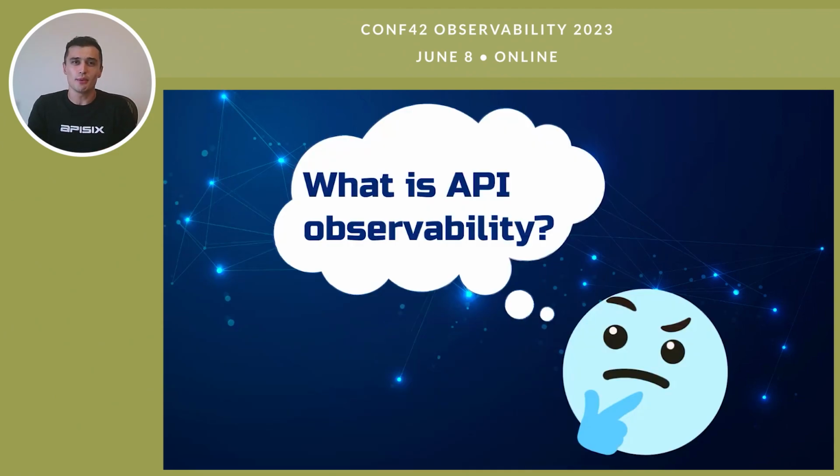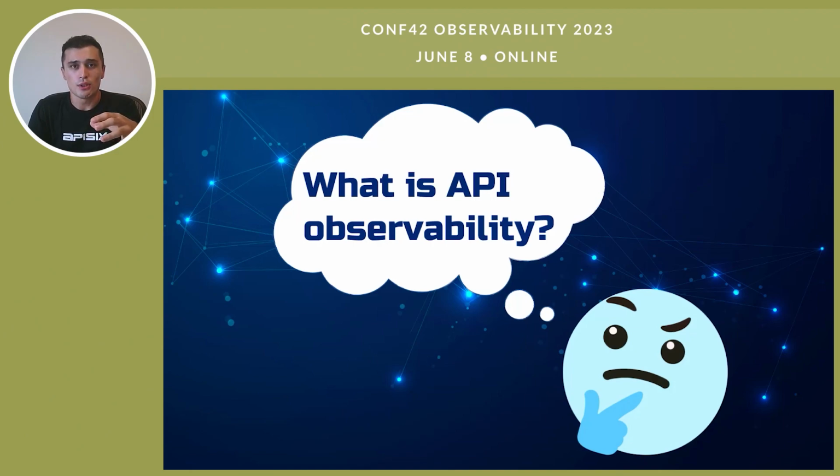And what is API observability? So we know observability means identifying unknowns, but API observability is all about making your API more observable. Instead of relying on predetermined metrics or monitoring, or waiting for the failure to happen, API observability lets you dive into the unknowns of your APIs by observing how they work internally.